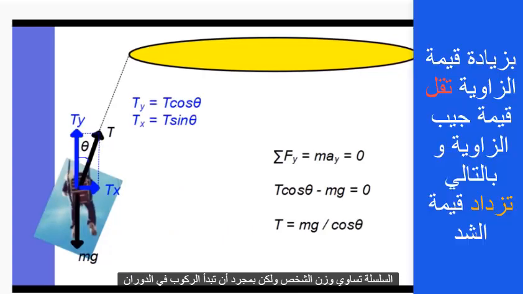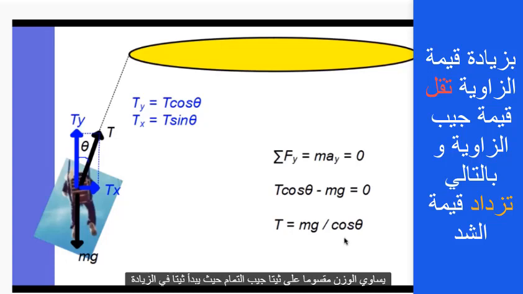But once the ride begins to spin, now the y component of the tension is equal to the weight because there's no acceleration in the y. And the y component is equal to T cosine theta, where theta is this angle with the vertical here. So solving that, T is equal to the weight divided by cosine theta.